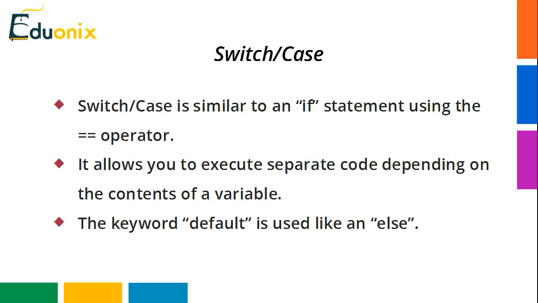Something related to the if statement is the switch case statement, and it's similar to using an if statement with the double equals operator, which means if something is the same as something else. But unlike the if statement, it allows you to execute separate code depending on the contents of the variable that you are testing. And it also has the option, like an else statement, where you don't find a condition you're looking for: you can execute code using the default keyword.